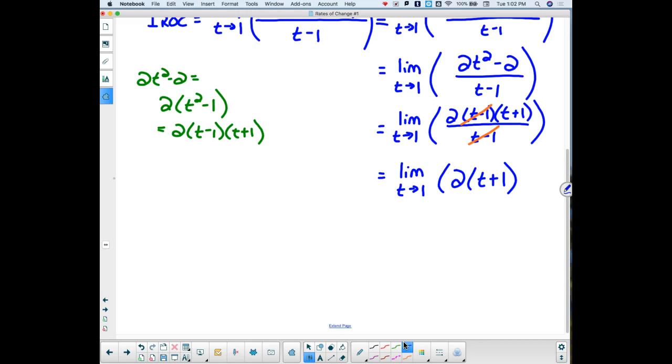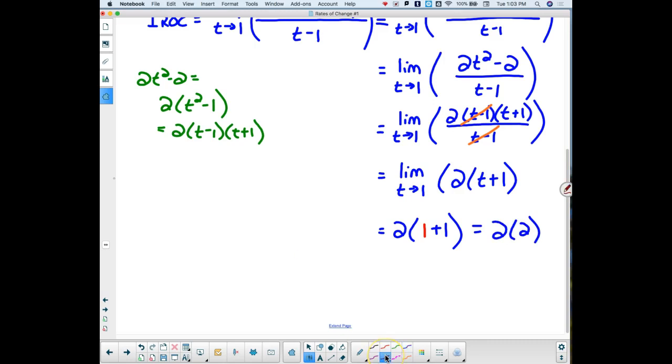Now I don't have a denominator to worry about, so I can substitute in. 1 plus 1 is 2. 2 times 2 is 4.